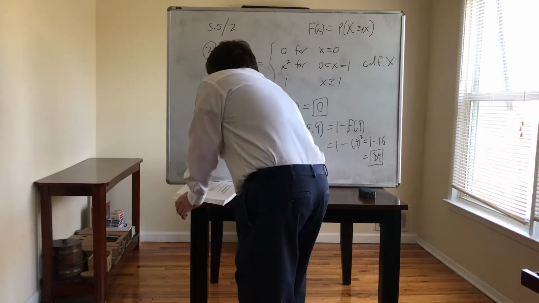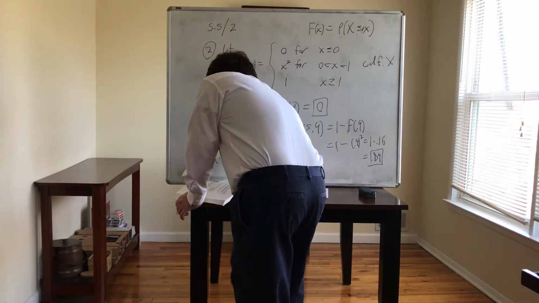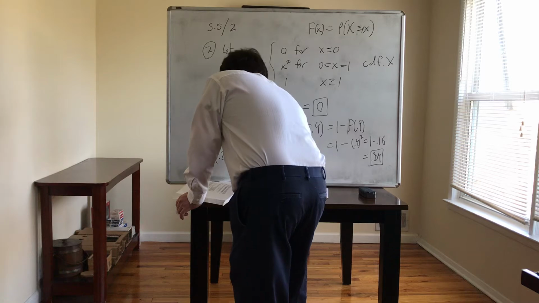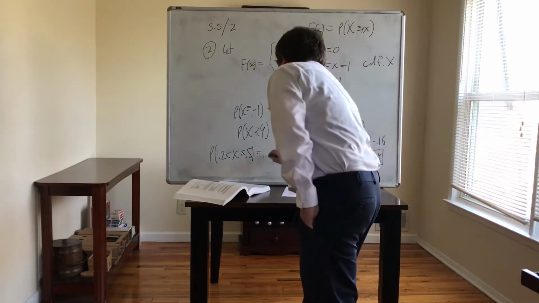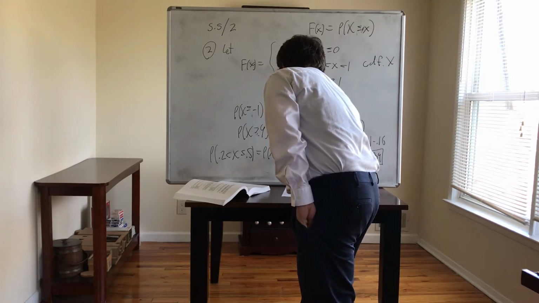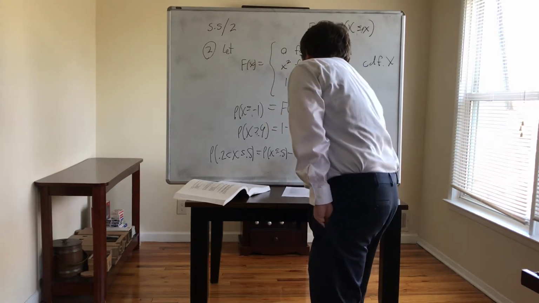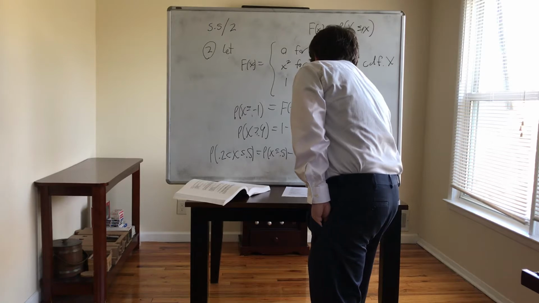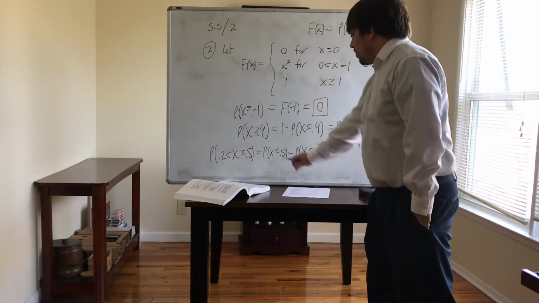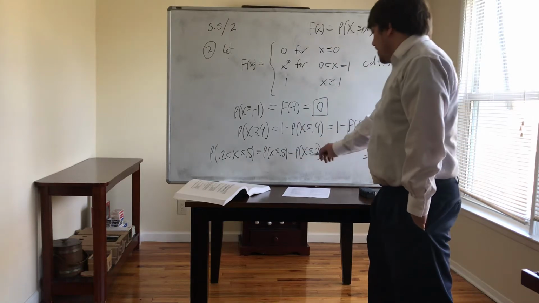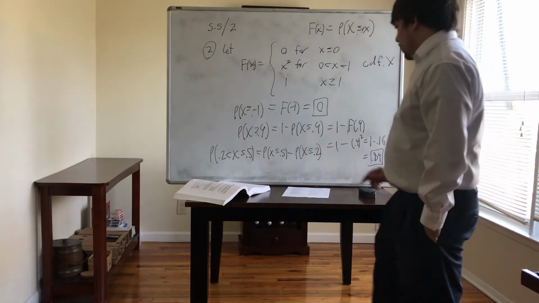Okay, and then the probability that 0.2 is less than x, less than or equal to 0.5, is equal to the probability that x is less than or equal to 0.5 minus the probability that x is less than or equal to 0.2. Because we want to know the likelihood of x being less than or equal to 0.5 and not less than or equal to 0.2.